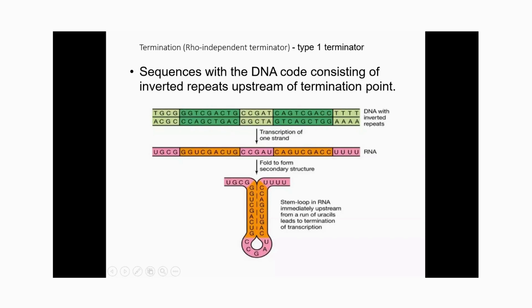And when the RNA molecule is synthesized after the transcription process, these sequences will also come in the RNA. So this G is complementary to the C here, and this other G is complementary to C. These bases are complementary to each other.